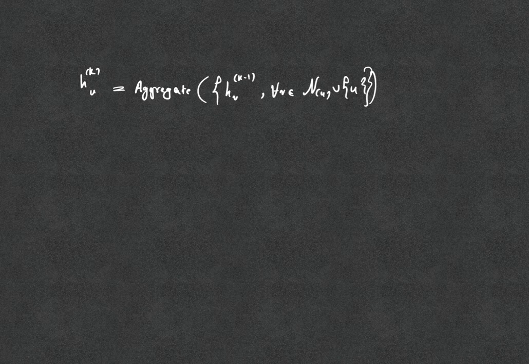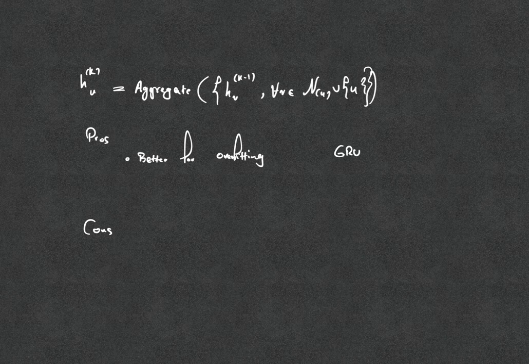Now, there are pros and cons for this. The pro is that it is better against overfitting, as it is a simplified and straightforward approach. It's kind of similar to the relationship between GRU and LSTM in some sense.